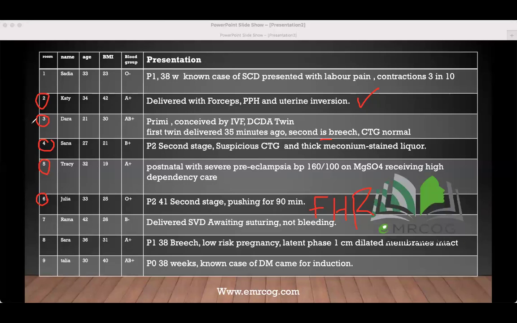So both will need urgent assessment by the obstetrician, but it will come as the next priority. I can finish one case myself and go to the second, right? My consultants can finish one case and go to the second, right? That's it, according to the priority.